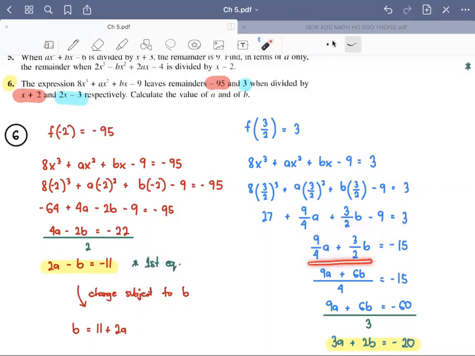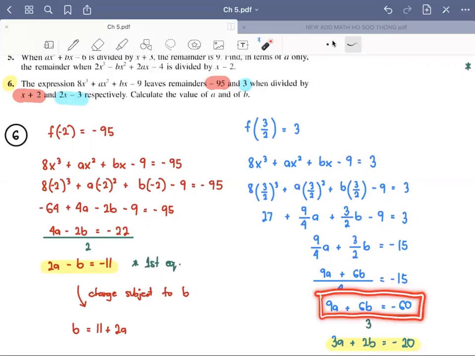Your LCD is 4, right? So simplifying this fraction here, 4 divided by 4 times 9 is 9a. 4 divided by 2 is 2 times 3 is 6b equals negative 15. So removing the fraction by cross multiplication, bring down 9a plus 6b, and then 4 times negative 15 is negative 60. So you can also use this equation as your second one.